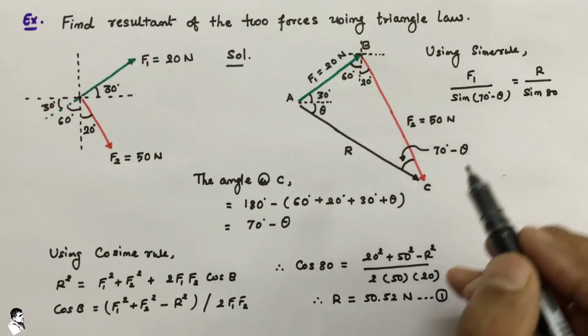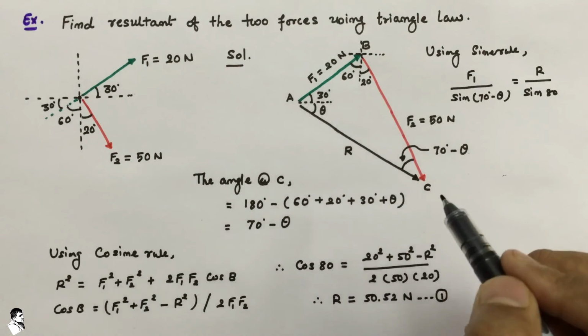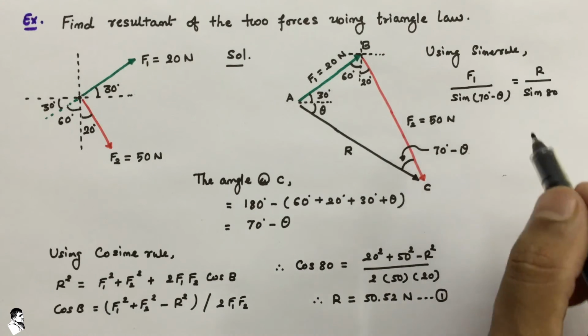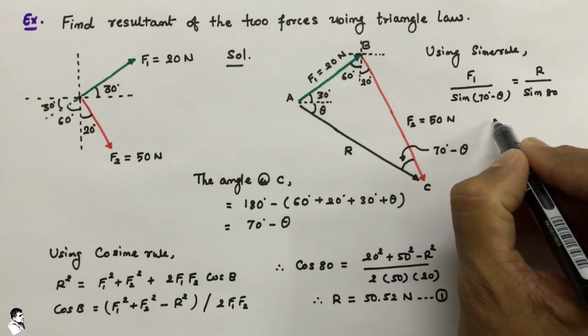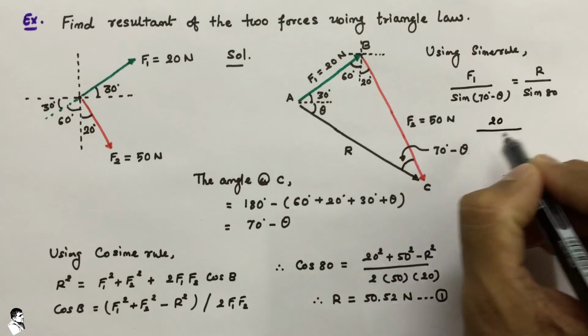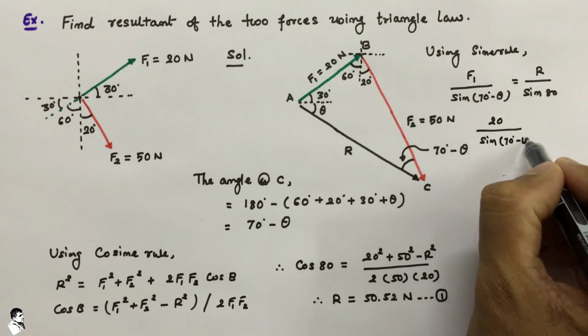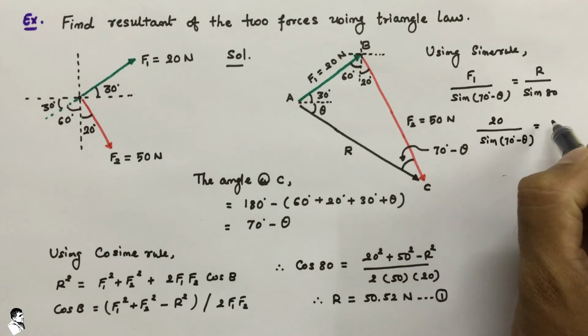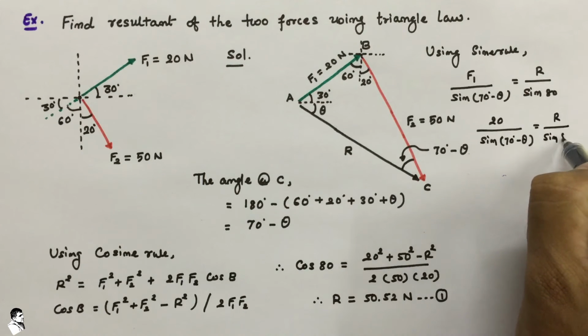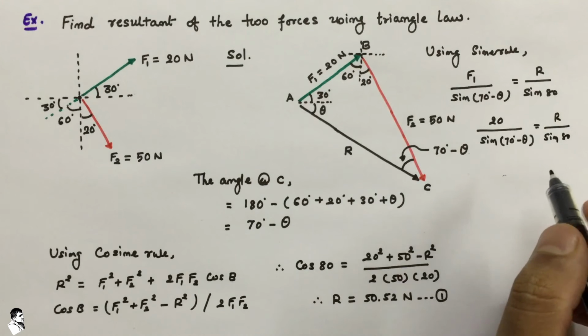Now if you put F1 is equal to the load, that is 20 Newton, and R is the unknown, so again write down 20 divided by sine 70 minus theta is equal to R divided by sine 80.